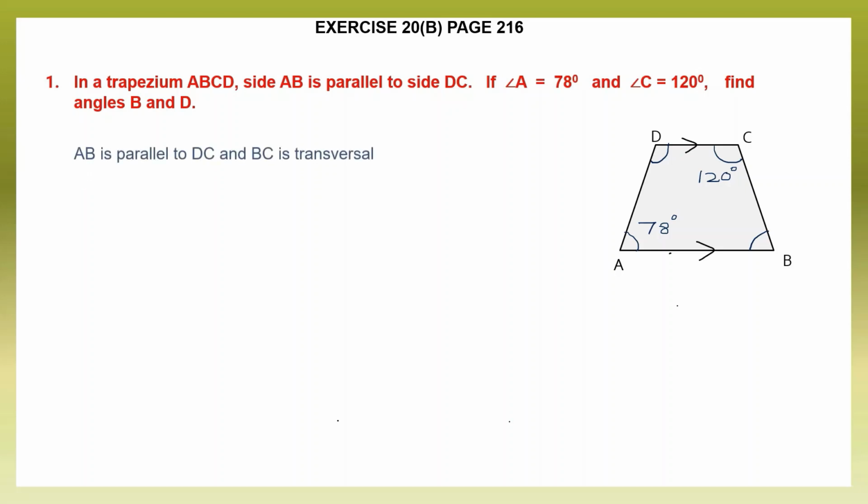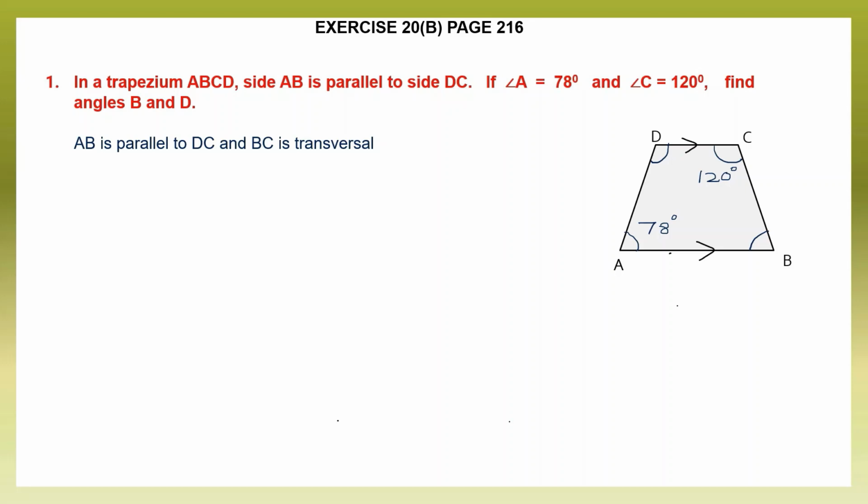So let's start by saying AB is parallel to DC, and can you see the line BC? That is a transversal. Transversal is a line that passes through two parallel lines. Now, when there are two lines that are parallel like this in a trapezium, there are two pairs of co-interior angles.